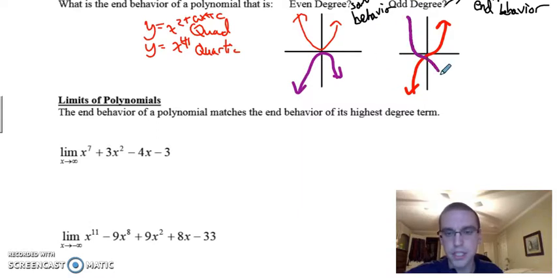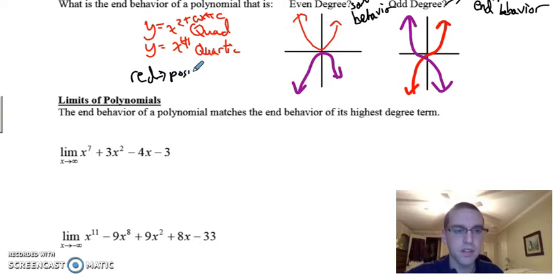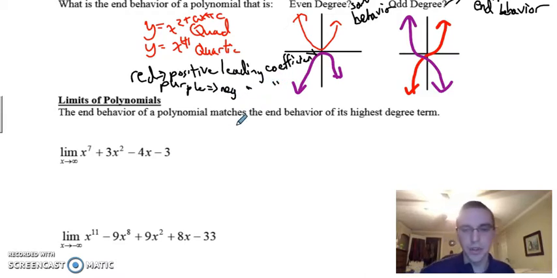These purple ones here are negative coefficients for the leading coefficient. So red implies positive leading coefficient, and purple implies negative leading coefficient. Just so you guys know that.